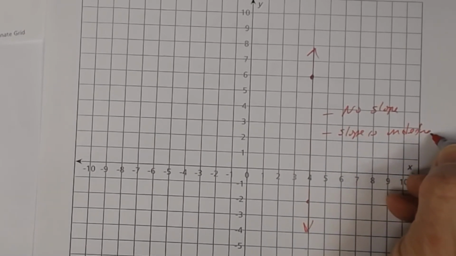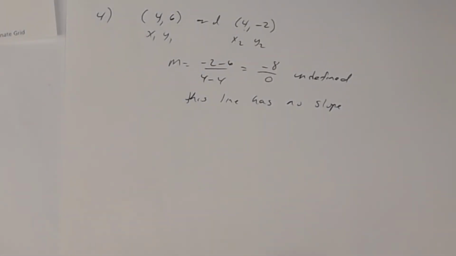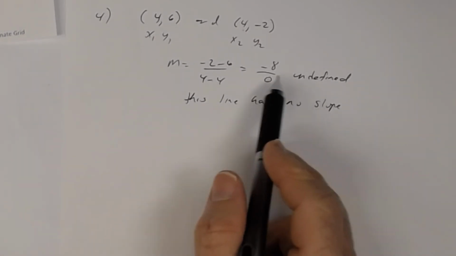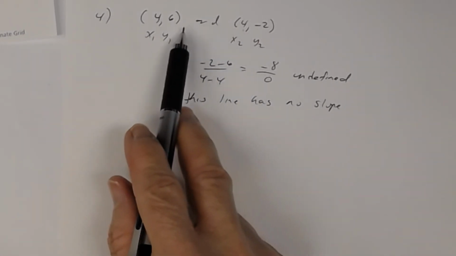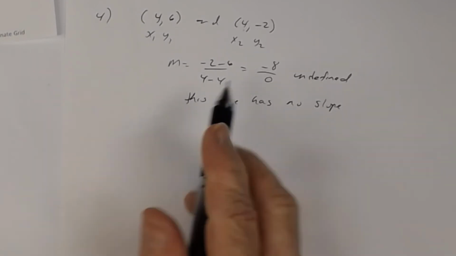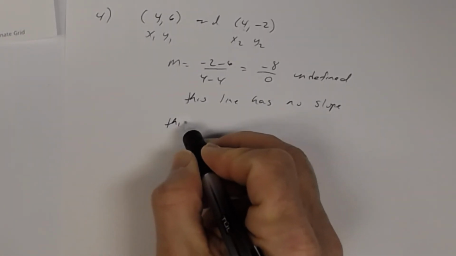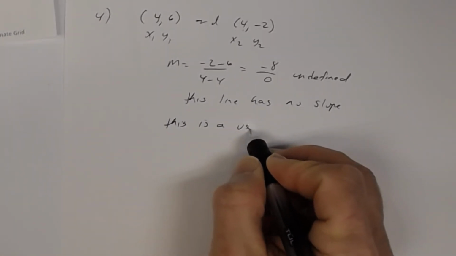Okay, slope is undefined. All right, so let's go back. I'm going to come back to this in a little while. Let's go back here. So this line has undefined slope or no slope, which means that this is a vertical line.